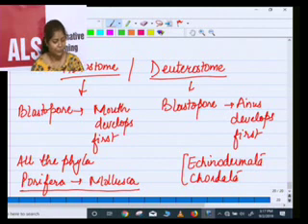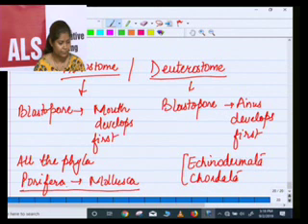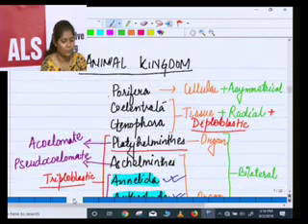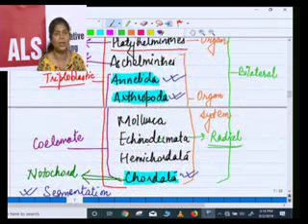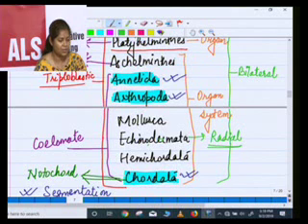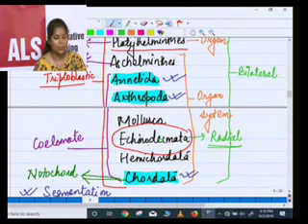See, I am talking about this. We are placing Echinodermata in the last, isn't it? It has radial symmetry, but you are placing it over here.